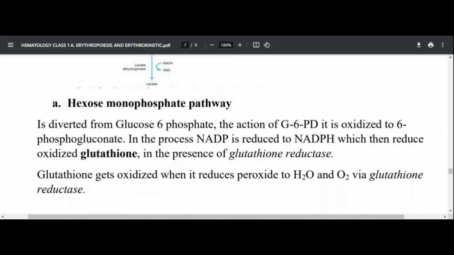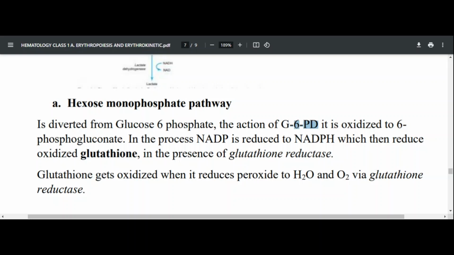Through the action of glucose 6-phosphate dehydrogenase, glucose 6-phosphate is oxidized to 6-phosphogluconate by this diversion.